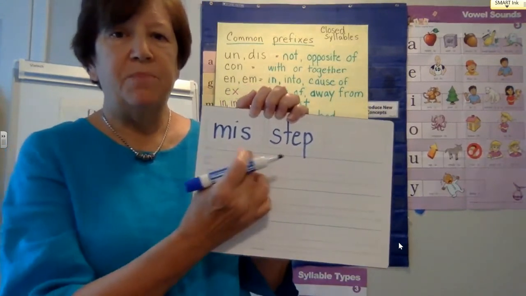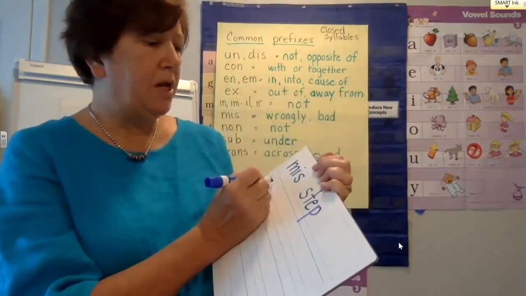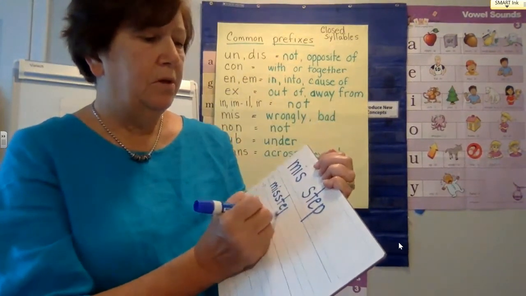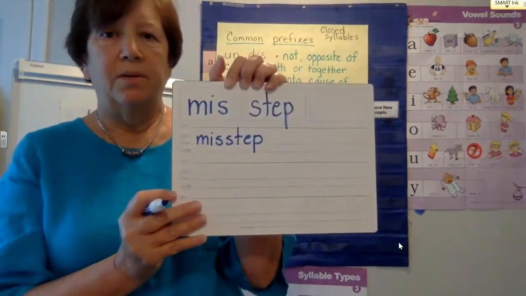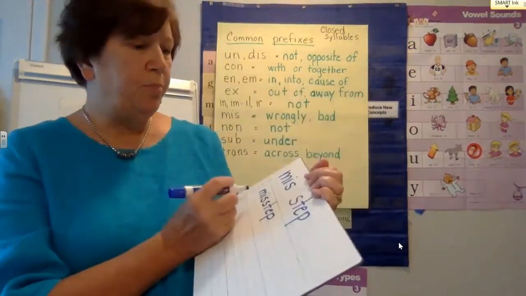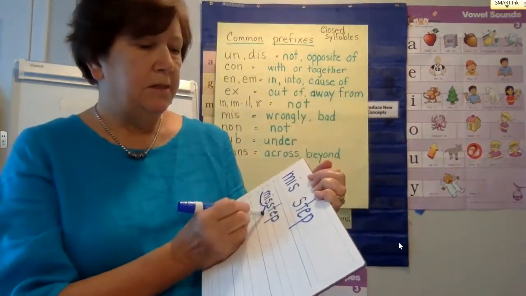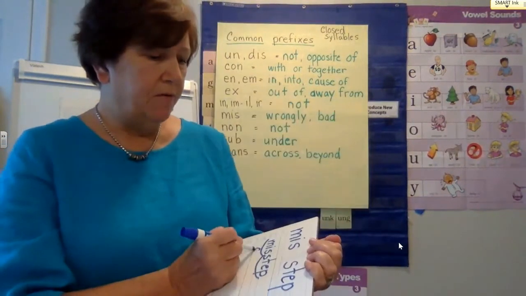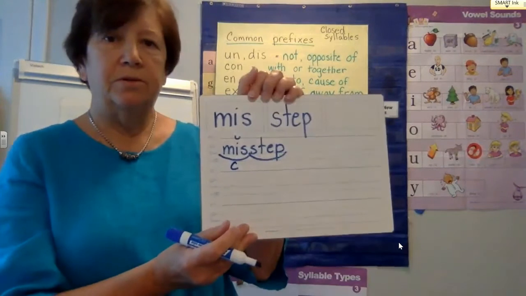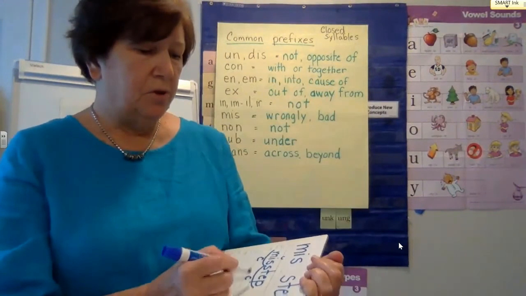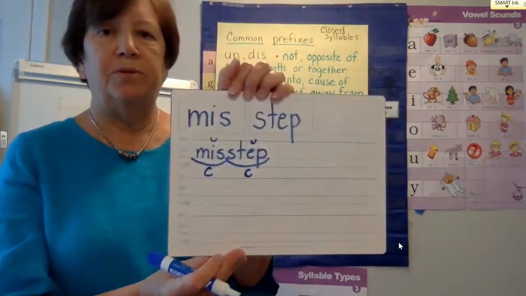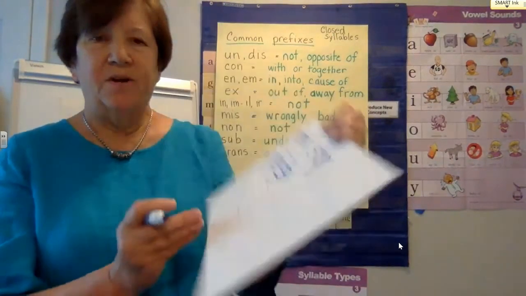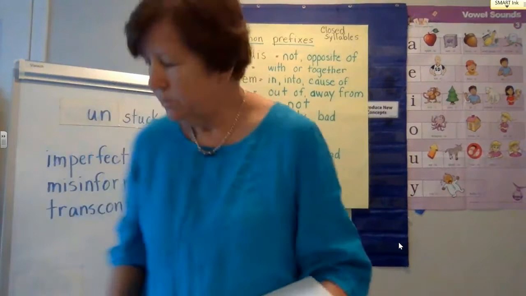All right, so we have misstep. Go ahead and put it on the line together as one word that's two syllables. Misstep. Let's scoop it and read it. Misstep. Great. And if we mark that, we'd have a closed syllable first, and also a closed syllable with the second syllable. Great job.